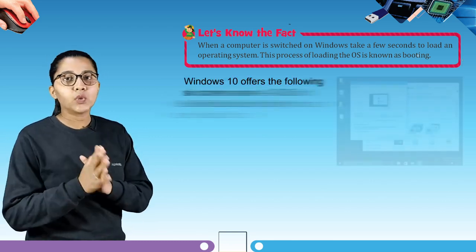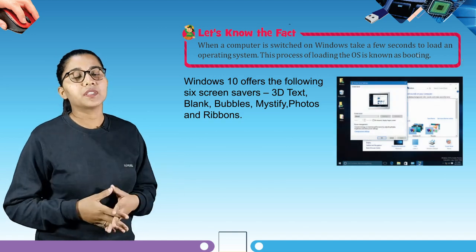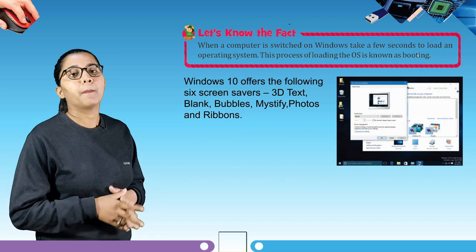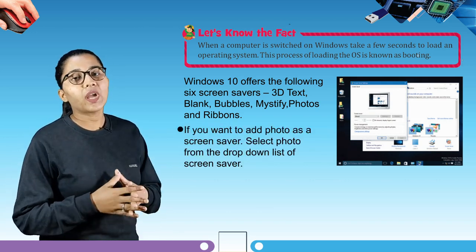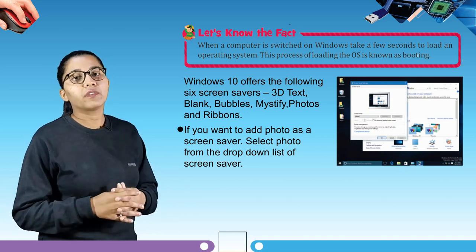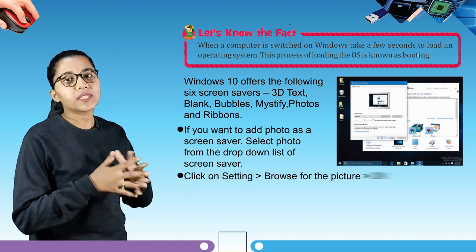Now, Windows 10 offers the following 6 screensavers: 3D Text, Blank, Bubbles, Mystify, Photos and Ribbons. If you want to add photos as a screensaver, select Photos from the drop down list of screensavers. Click on Settings.